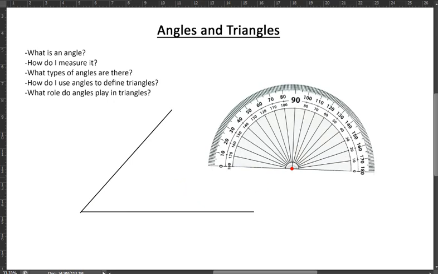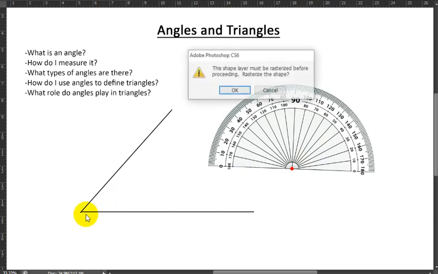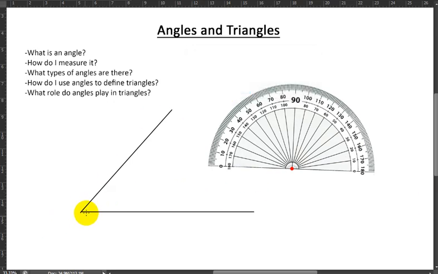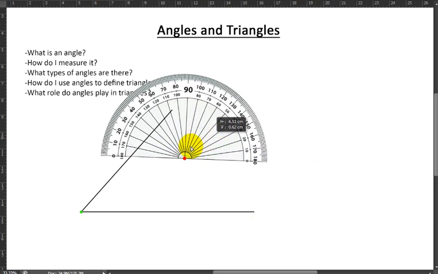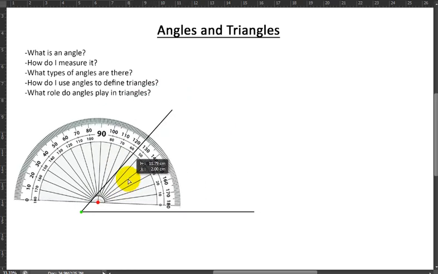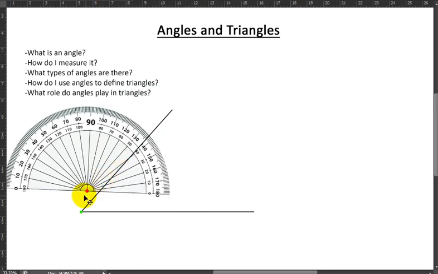Well, these two lines, they meet at this point right here, right? Yeah. What I need to do is take my protractor and move it towards my angle and place it so that this spot, the center, is exactly on top of the point where the lines intersect.